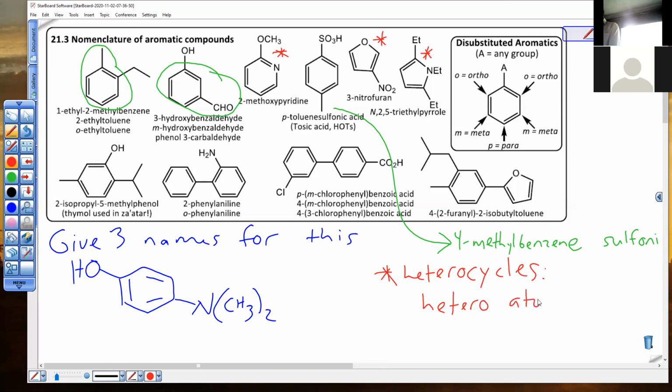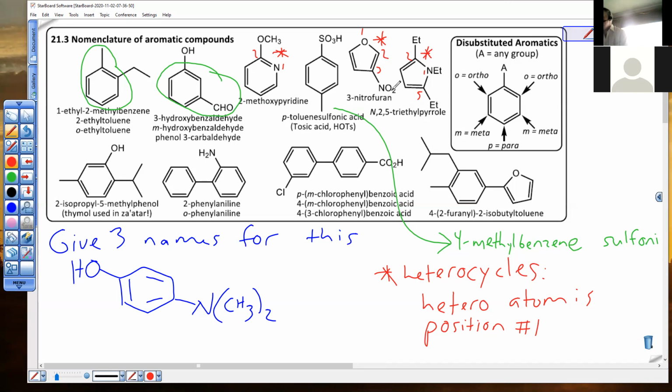Heteroatom is position number 1. We knew that back when we studied chairs and cyclohexane and glucose. So that's position 1 and that's position 2. This is position 1, 2, 3, and positions 1, 2, and 5. So that explains these names.